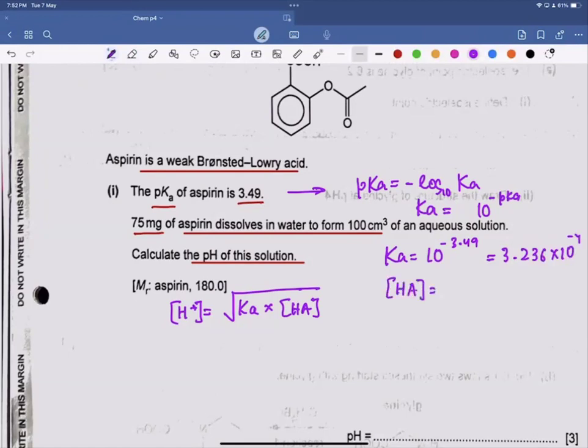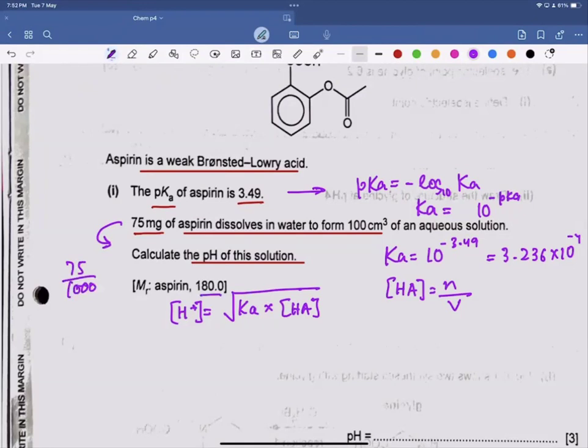Now if I have to find the concentration of acid, it is equal to moles over volume, right? And here we are given the mass in mg. So we have to convert this mass into grams, so 75 divided by 1000, and then Mr is 180.